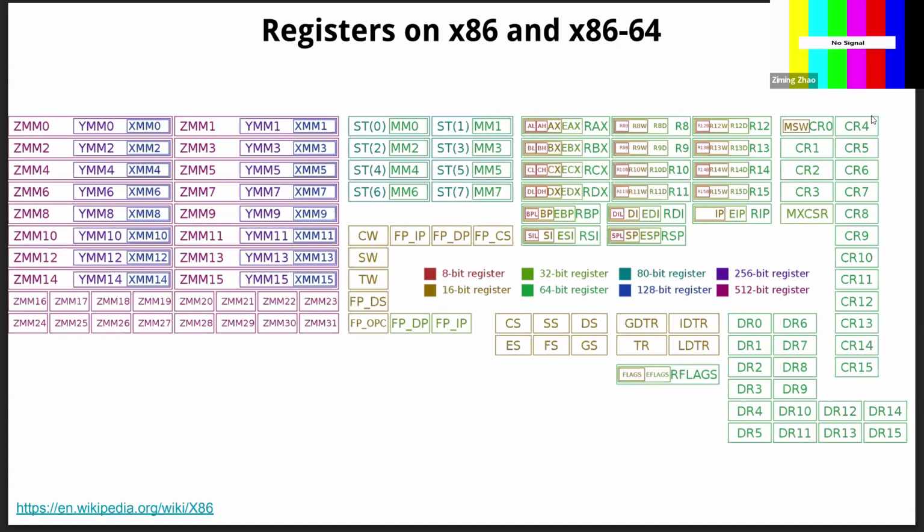We not only make those registers bigger, we also have new general purpose registers. Previously, we only had EAX, EBX, ECX, EDX. Now we have R8, R9, R10, up to R15. Those are also new general registers. So not only are they bigger, there are also more. That's why 64-bit machines are much faster. Then EBP also becomes RBP, ESI becomes RSI, and ESP becomes RSP.